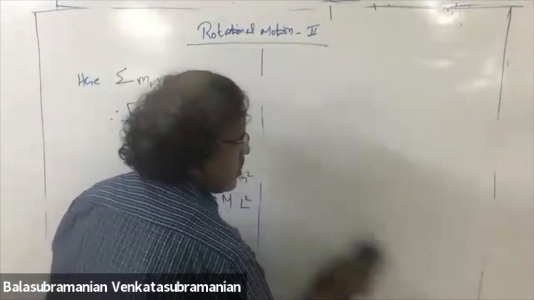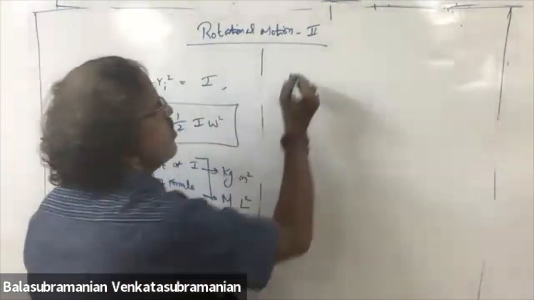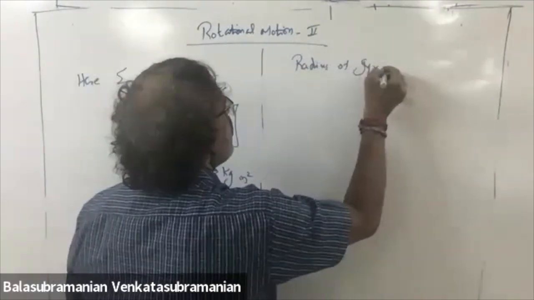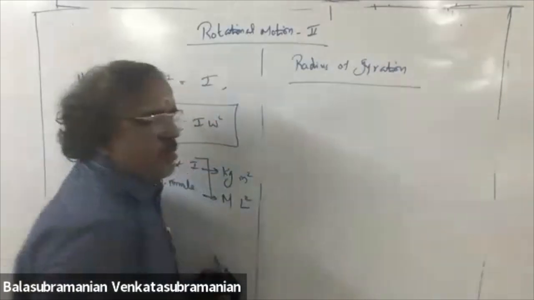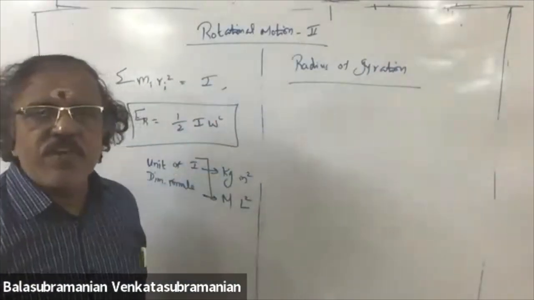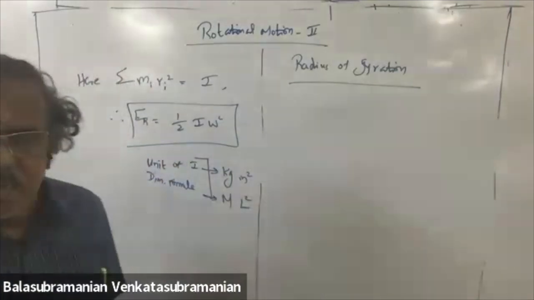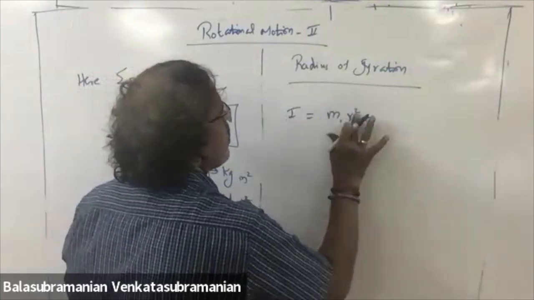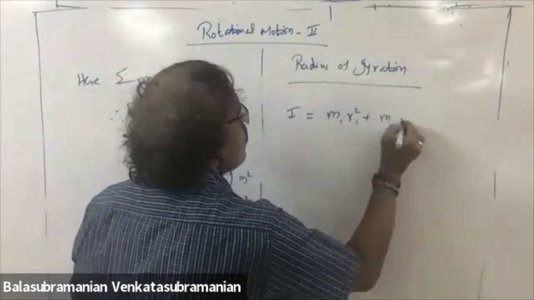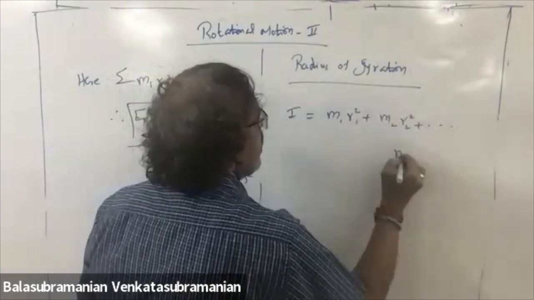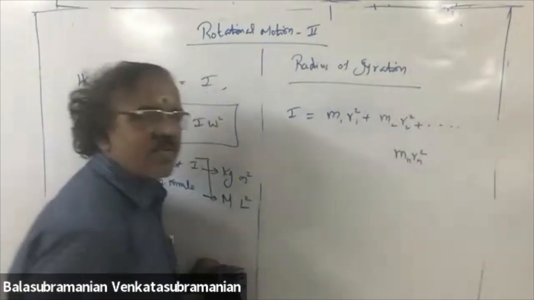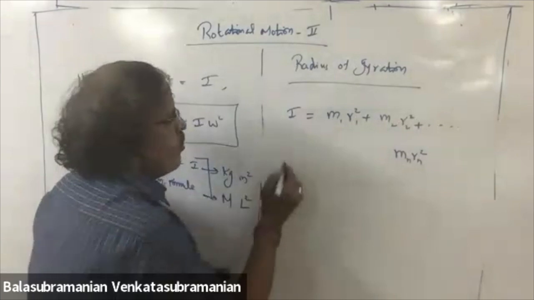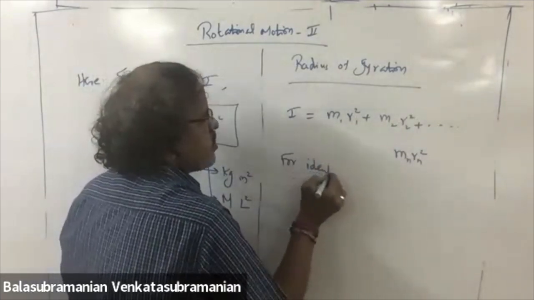radius of gyration. When you consider the moment of inertia equation, that is I is equal to m1 r1 square plus m2 r2 square, etc., mn rn square, consider this equation for identical particles.